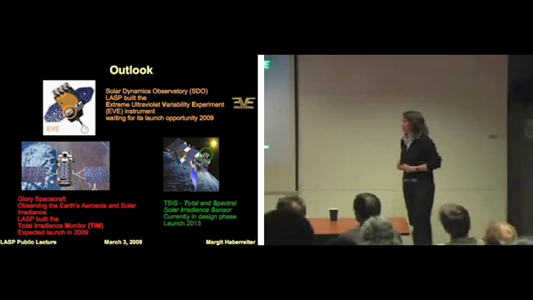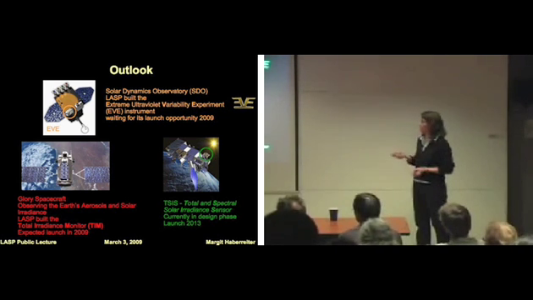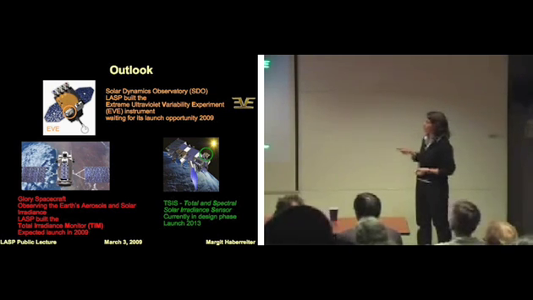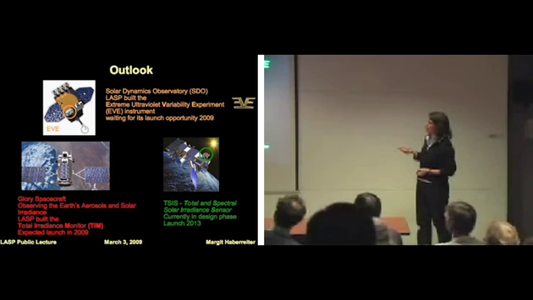upcoming missions where LASP is involved, which hopefully help us to understand more about the spectral variability and also its influence on climate. So there is the Solar Dynamics Observatory with the EVE instrument on board, which is kind of waiting for its launch opportunity sometime this year.